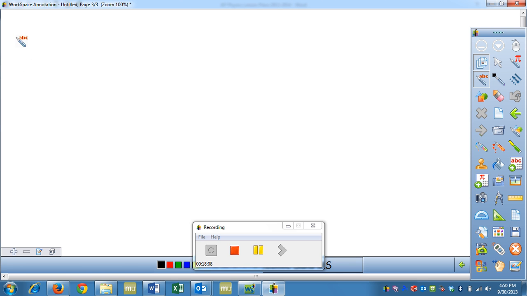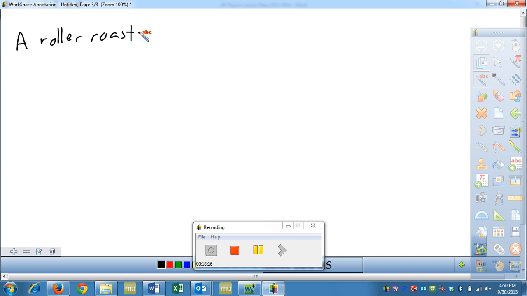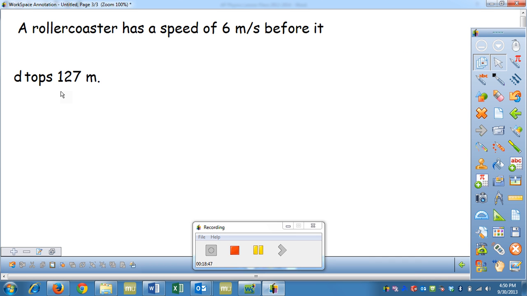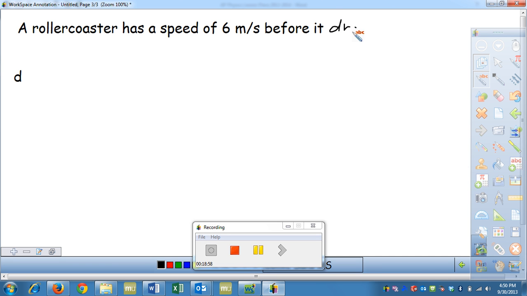A roller coaster has a speed of 6 meters per second before it drops 127 meters.